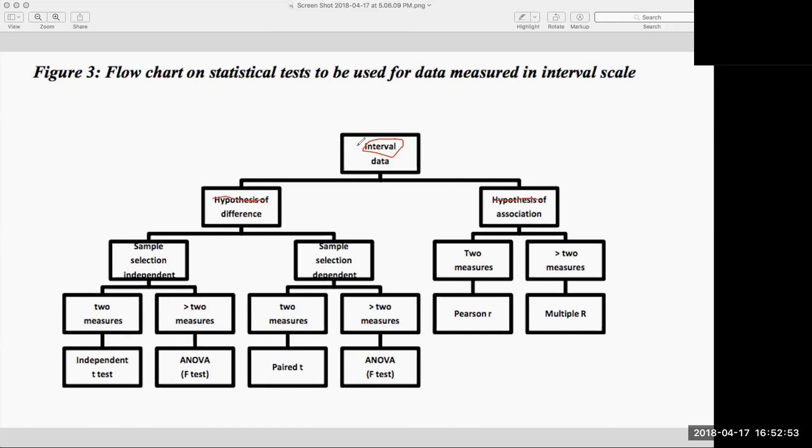But if you're interested in, say, income, I gave a hypothetical example, and I could be interested in many aspects of income as a variable. If I were interested in looking at an association of income with another numerical variable, then I would do a correlation coefficient.